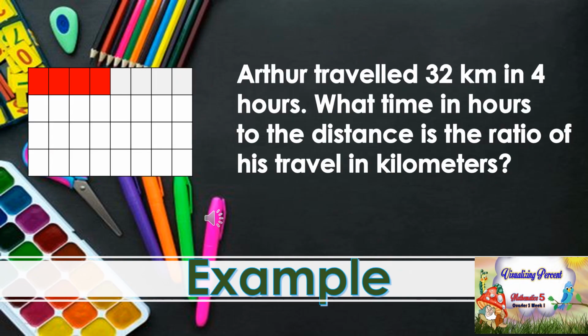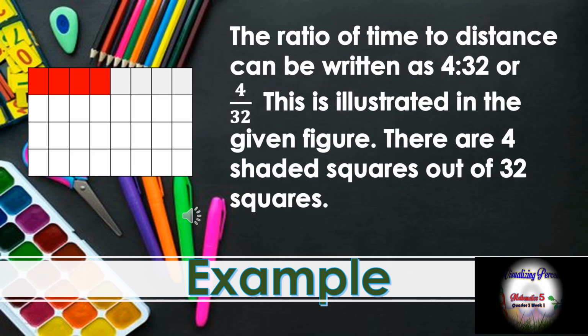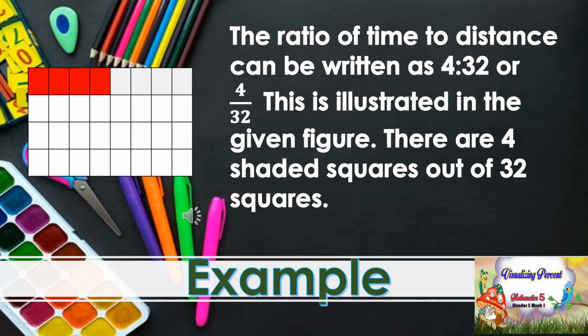Now, let us have this example. Arthur traveled 32 kilometers in 4 hours. What time in hours to the distance is the ratio of his travel in kilometers? The ratio of time to distance can be written as 4:32 or 4/32.